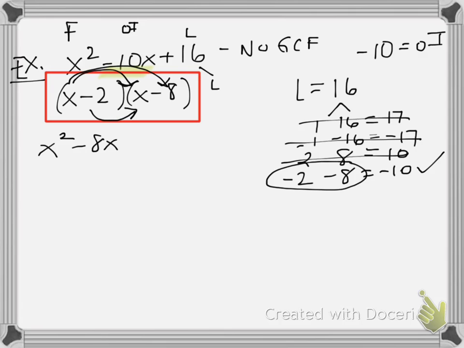Negative 2 times x is negative 2x. Negative 2 times negative 8 is positive 16. Does that match the original problem up here? It does, so our answer is correct.